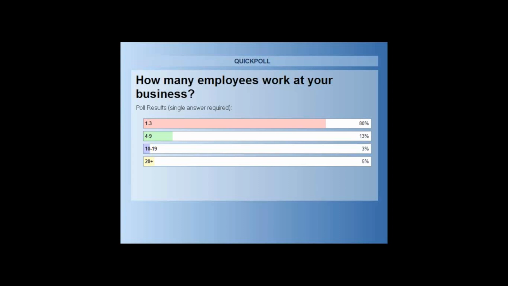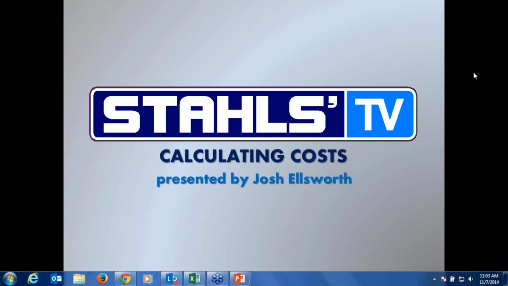So 80% have 1, 2, 3 employees. 13% is 4 to 9. 3%, 10 to 19. And 5%, 20 plus. Okay, excellent. So the majority are small businesses with us today. That'll give me a good track to run on when I'm relating concepts for pricing strategies. We'll relate back to that information.